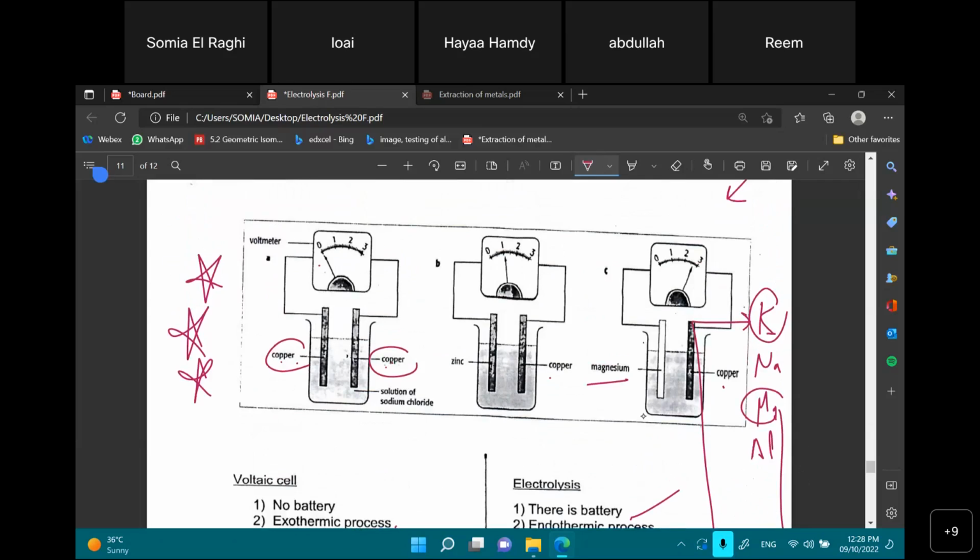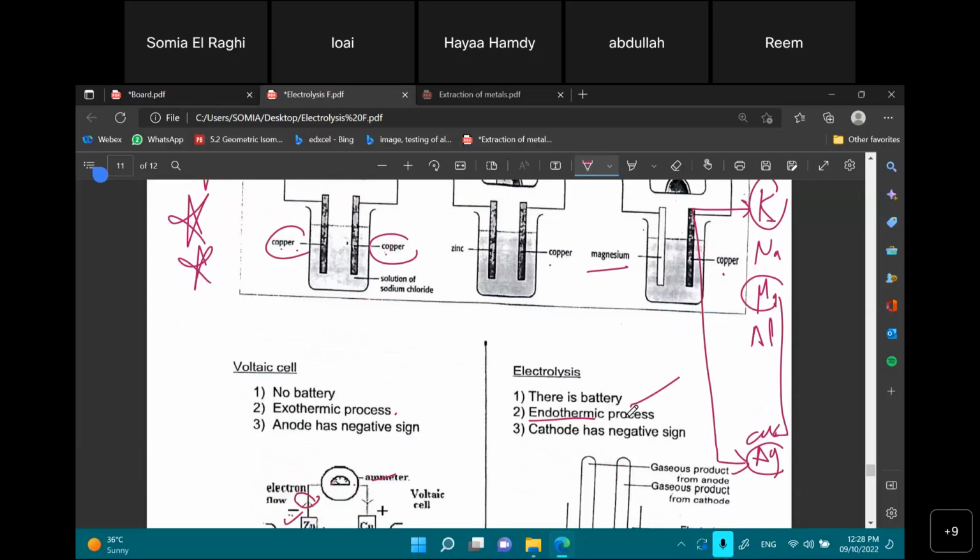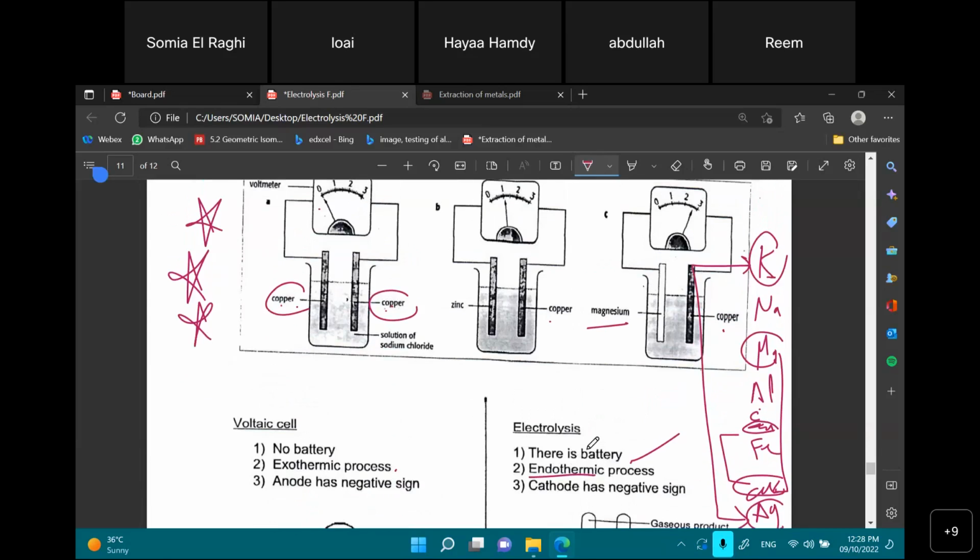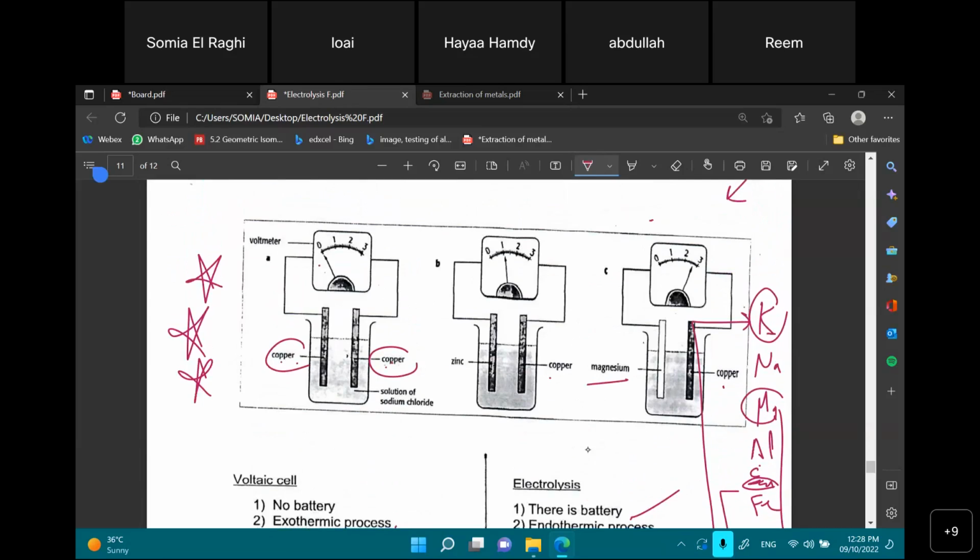If you put copper and zinc, where is copper with zinc? Aluminum here, and then carbon, and then zinc and iron. All right. So if you put zinc and copper, you see this distance is less.